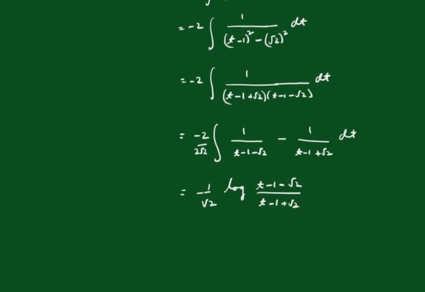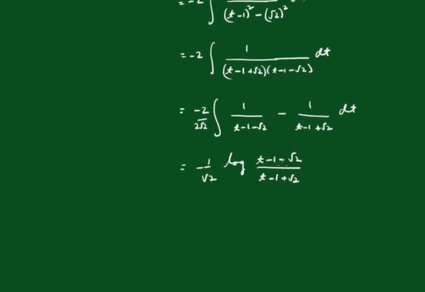I think I was thinking ahead a little bit there, because I'm going to switch it now. Take that minus sign, turn it upside down, make it 1 on root 2. You leave it like that, you don't worry about rationalising it. The log of t minus 1 plus root 2 over t minus 1 minus root 2. But don't worry, if you had it that way, that's fine. Don't forget your constant. The end.